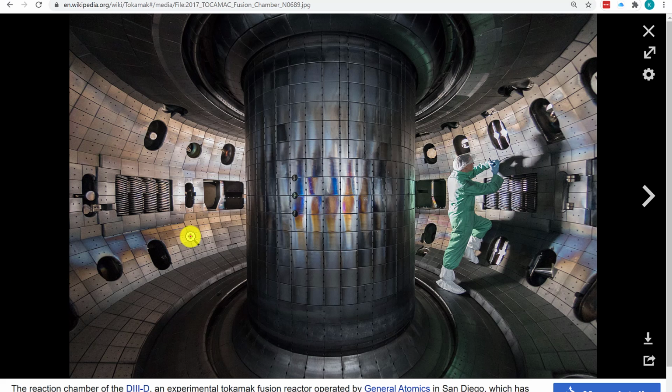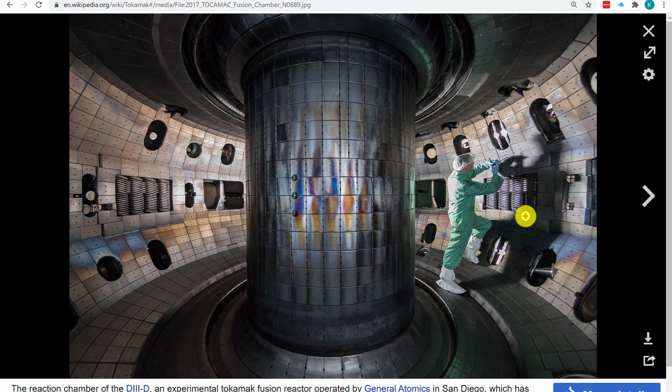So this is a Wikimedia page, a picture of the inside of the Tokamak reactor, and what they're going to try to use to make it work. You can see the scale of it because it has a person in it. They create this large magnetic field, because you think about it, you're trying to do this nuclear reaction, and it's going to produce temperatures of 100 million degrees.